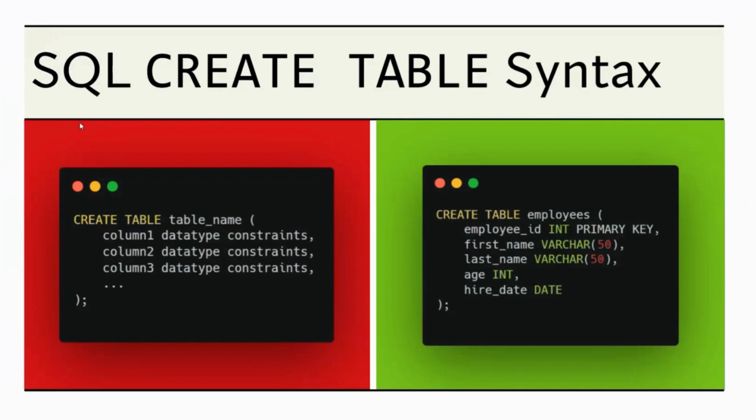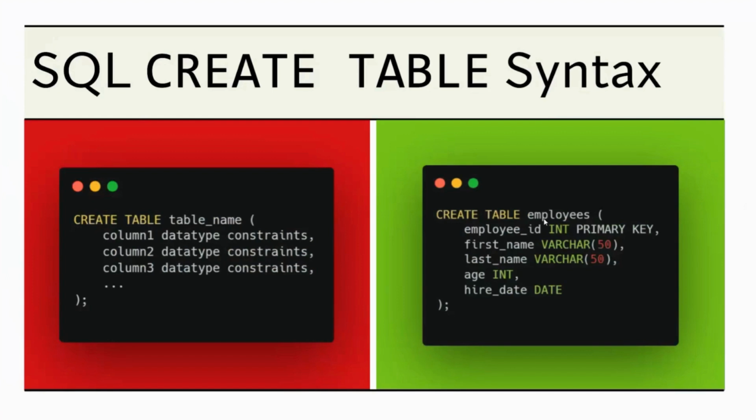Here you can see the syntax which has been provided by Microsoft. See, this is the syntax. To create a table you need to use CREATE TABLE, which is standard, and then the table underscore name. In this example I have taken an employees table I am trying to create.